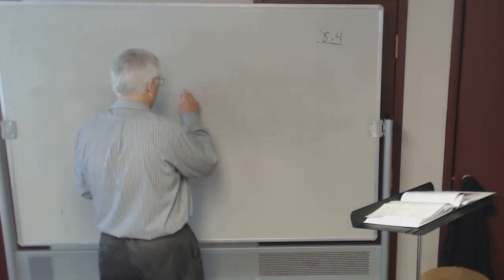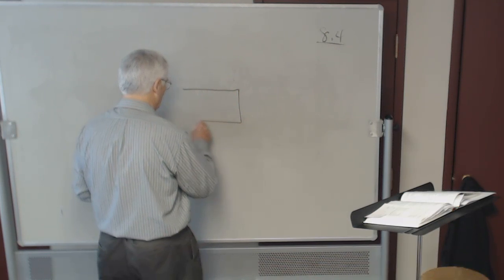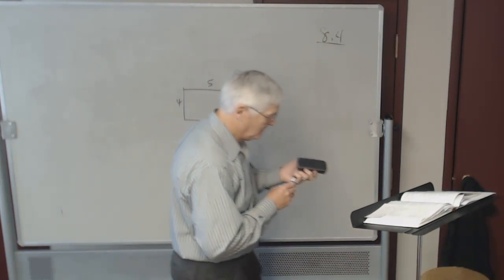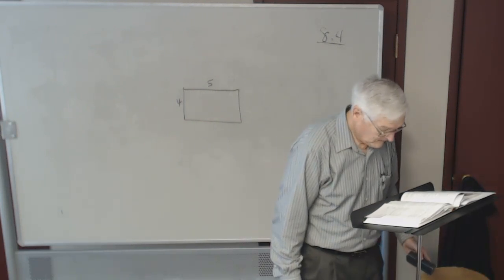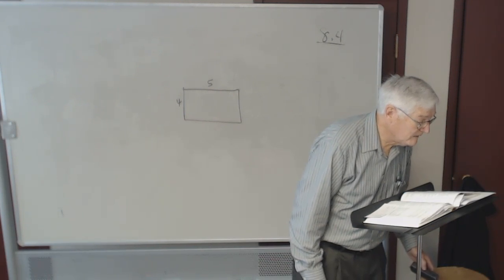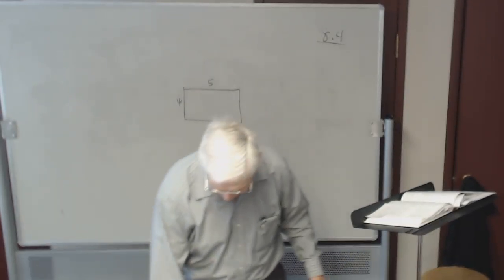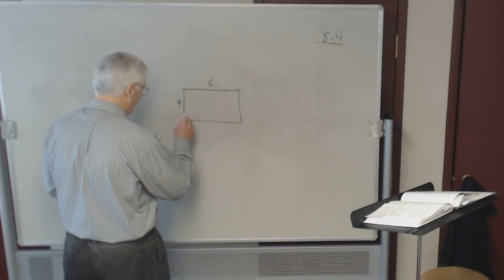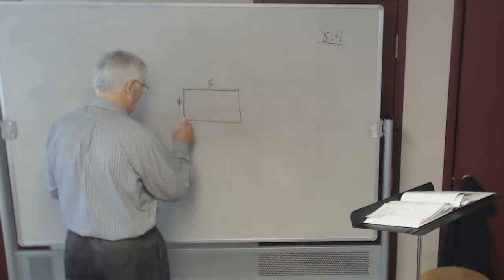He's got a piece of wood that's 4 by 5. And what does he want to do? He wants to decrease the 4-foot side and increase the 5-foot side by the same amount. So he wants to decrease this by X.